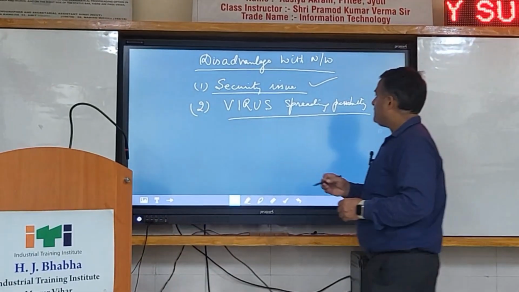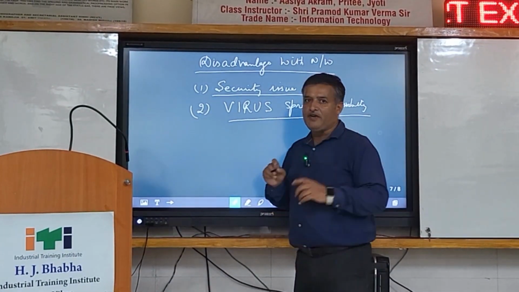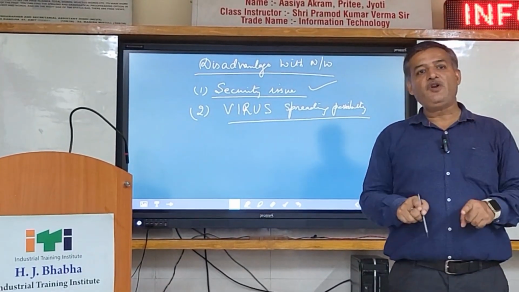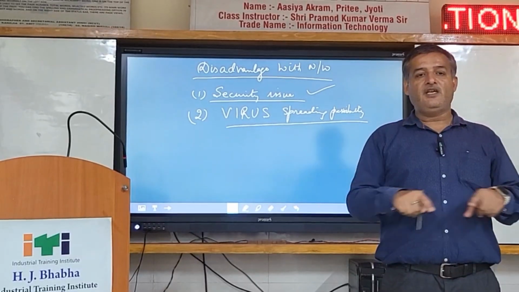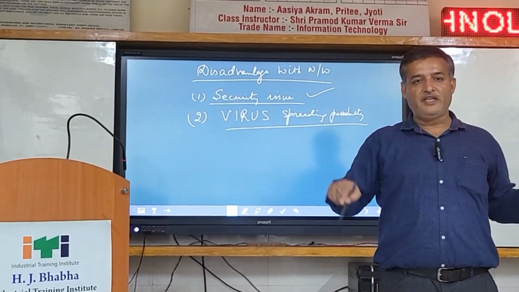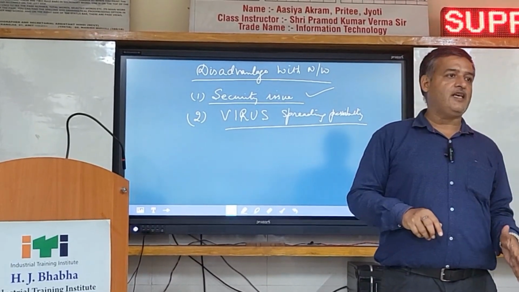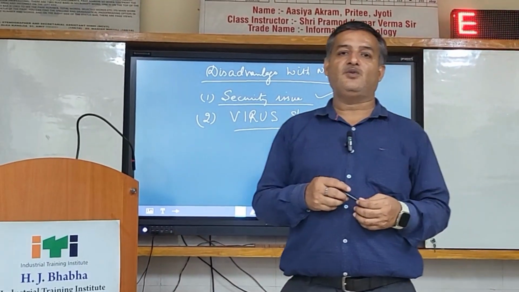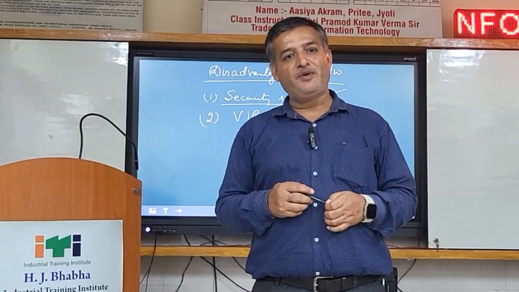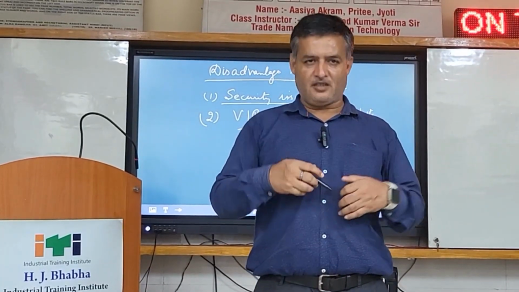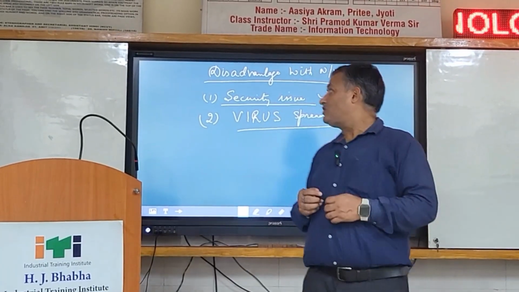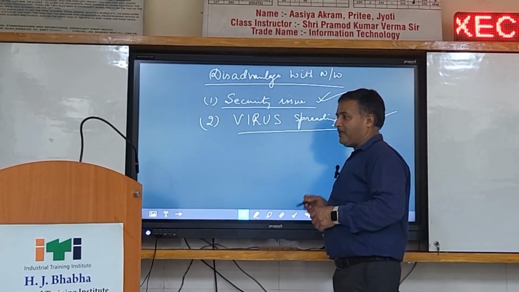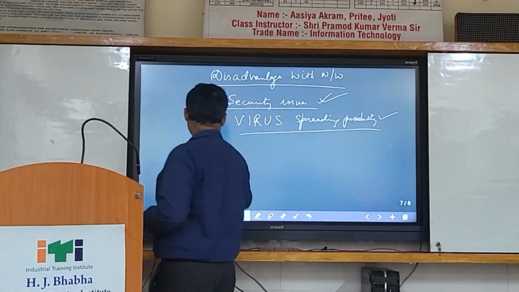Without a network, only a single computer gets affected, but in a network, when a computer gets affected, because it is sharing things across the network, the virus can also spread to the other computers. The other computers can also be affected by the virus or by other threats. So apart from the security issue, the virus spreading possibility is also there.